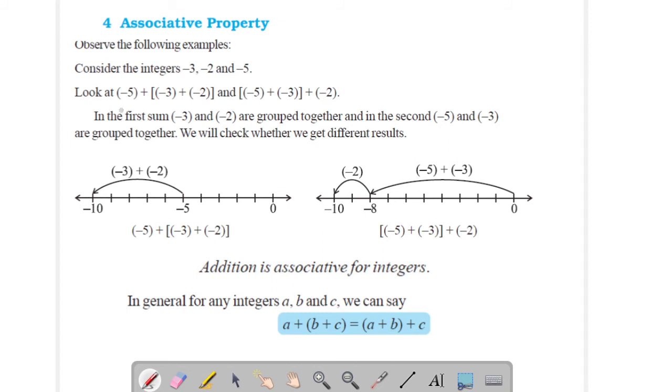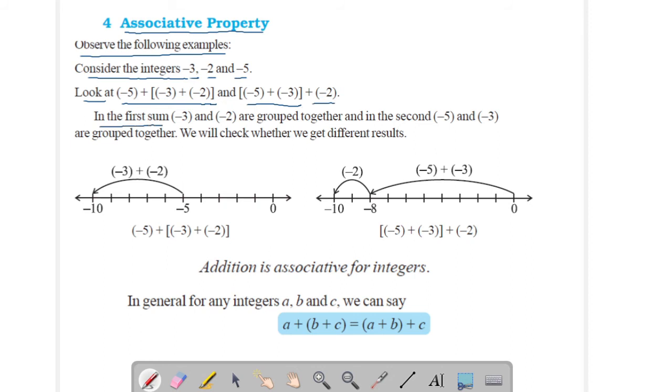Now next is associative property. Observe the following examples. Consider the integers minus 3, minus 2 and minus 5. Look at minus 5 plus minus 3 plus minus 2, and within the big bracket minus 5 plus minus 3, plus minus 2.